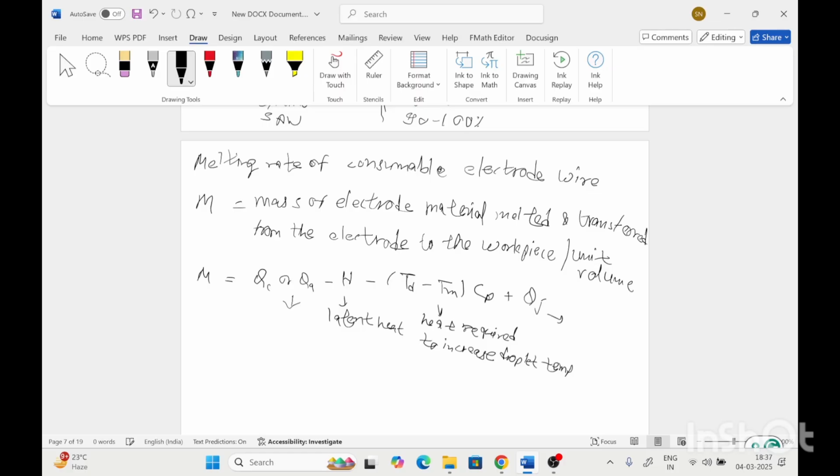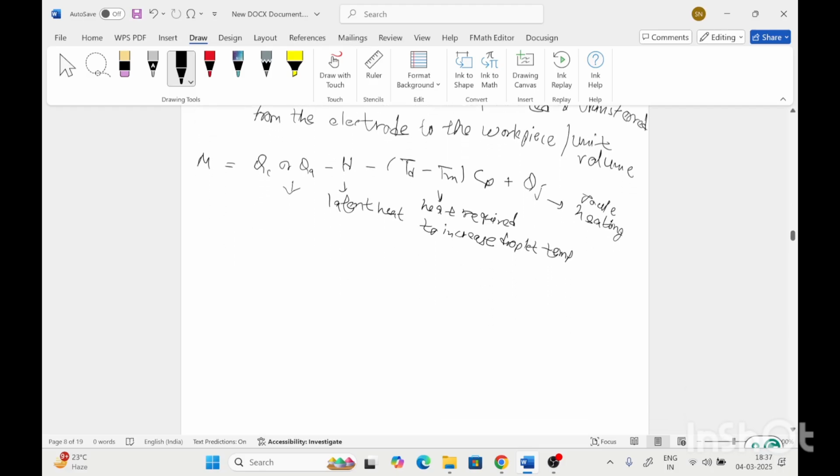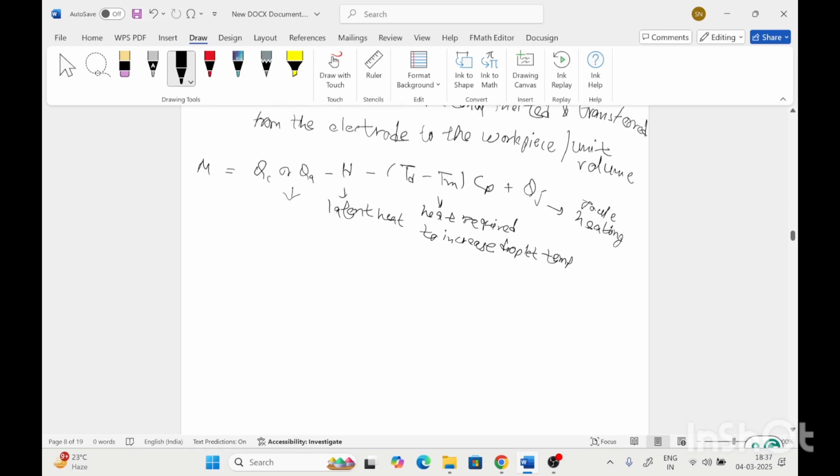And Qj is the Joule heating between the cathodes. So the Joule heating QC and QA we know.